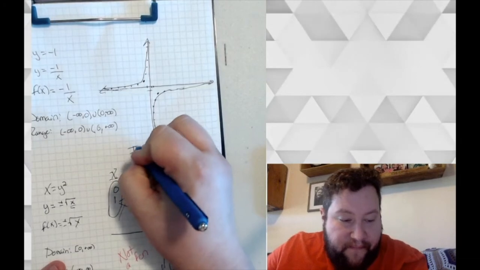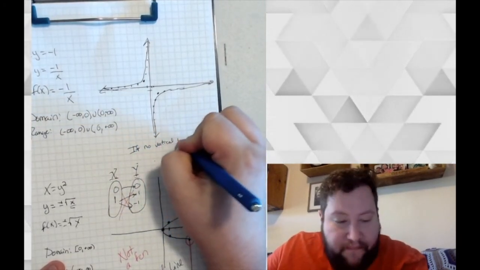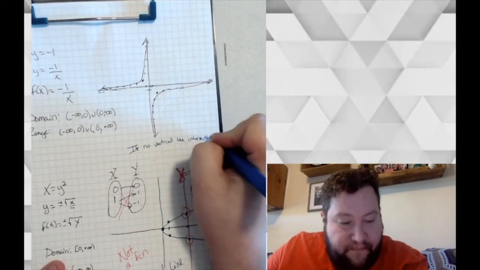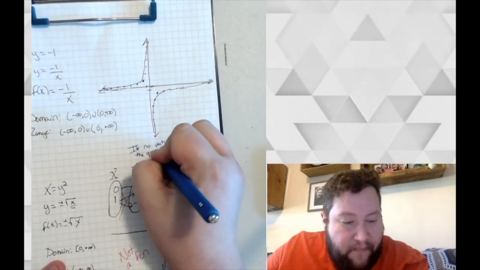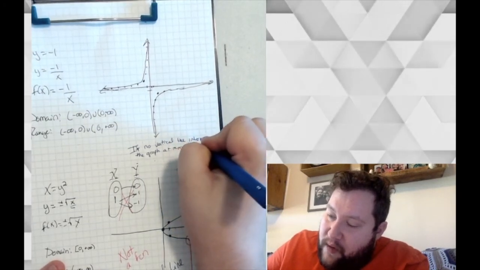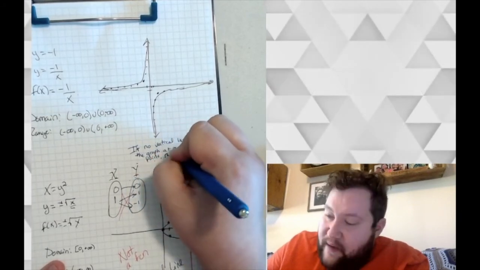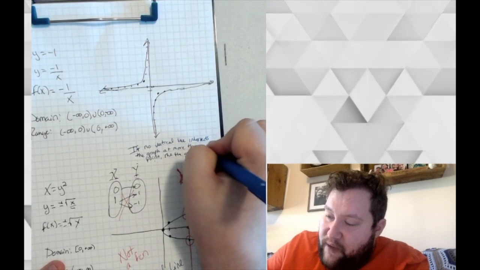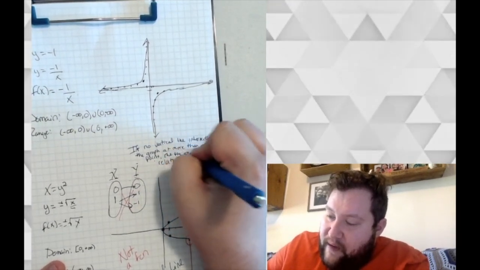If no vertical line intersects the graph at more than one point, then the graph of the relation is a function.